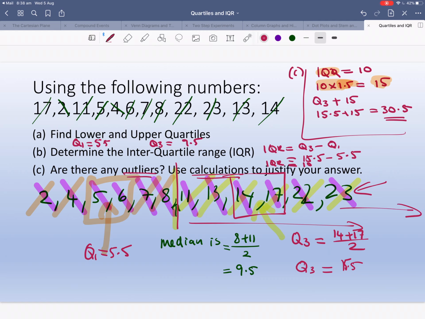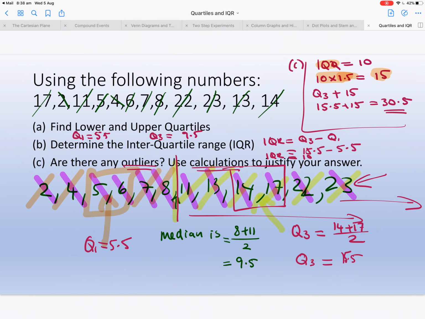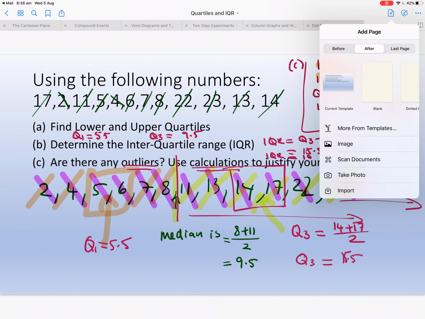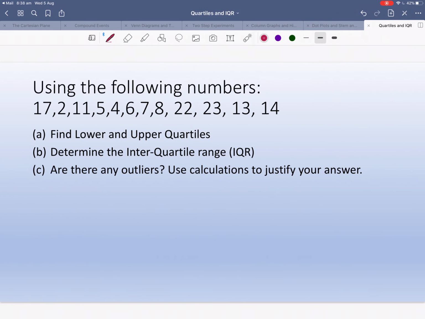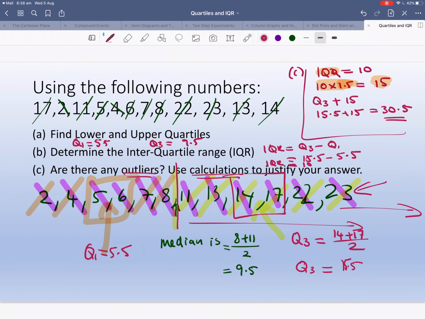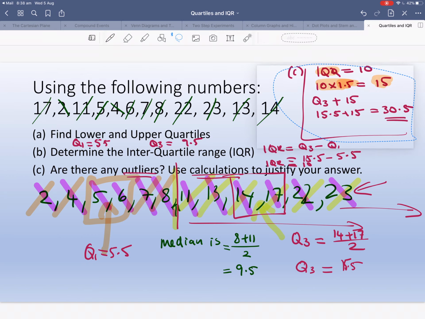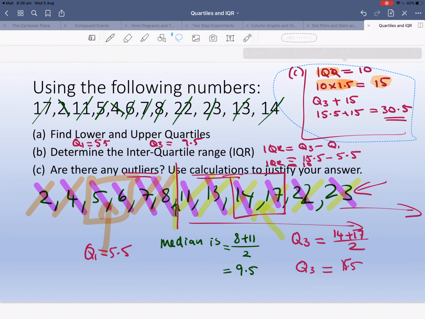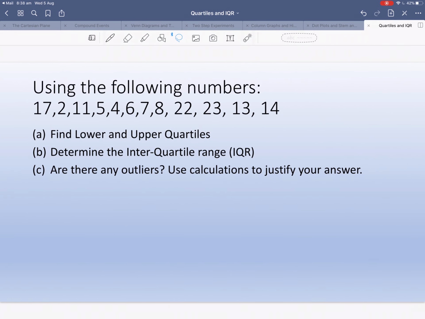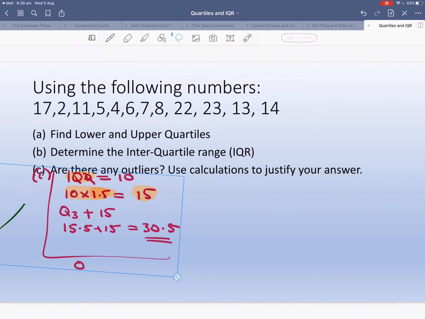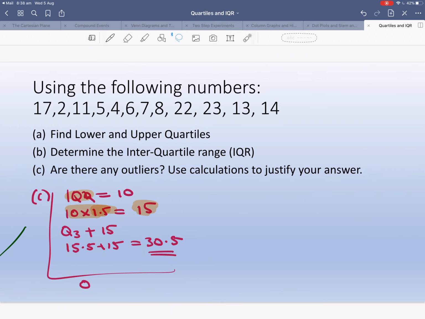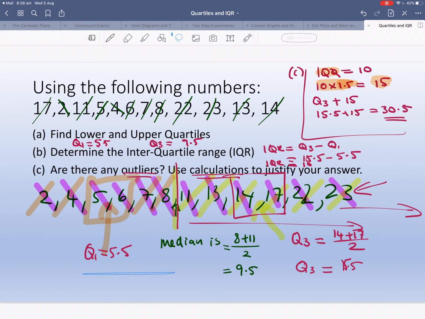Now, what I'll do is I'm going to copy and paste it onto the next one, so this is C, okay? So I've got C there. Now, I want to see if there's any outliers on the low side, so down this way of the data set.